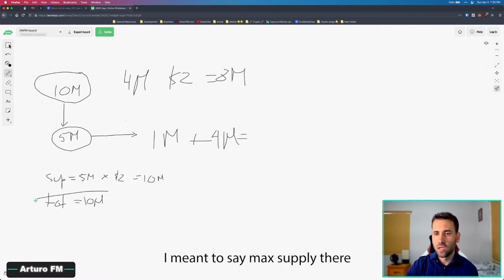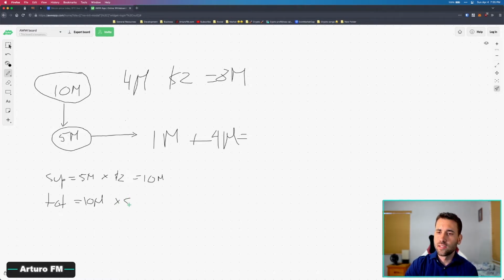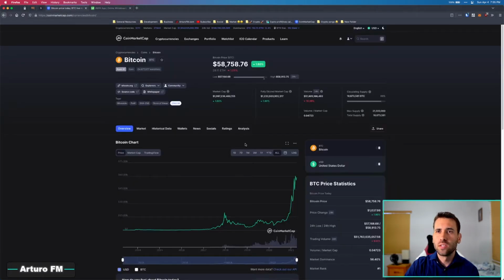So that would be this one. So you can think of it as the total amount of coins that can be mined times the price. And let's say that the price is $2. So you multiply that, and that will give you the fully diluted market cap. So let's see an example so it's more clear.